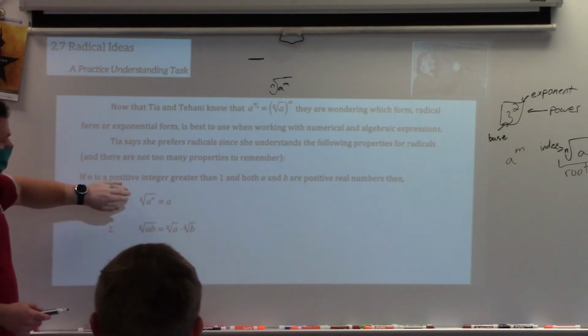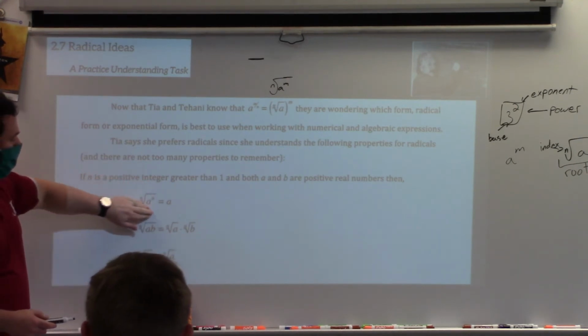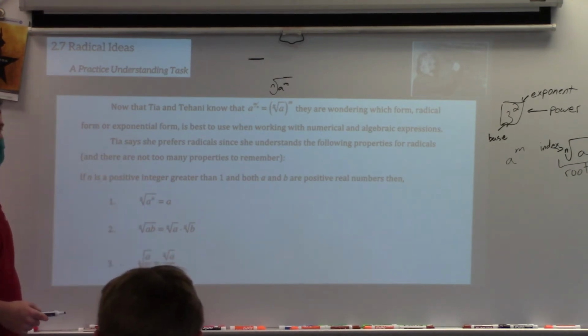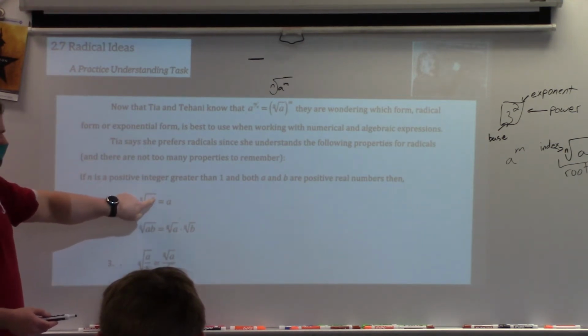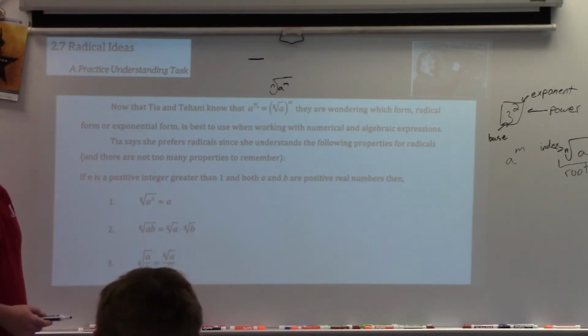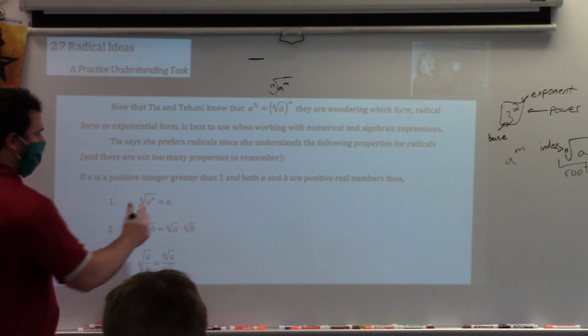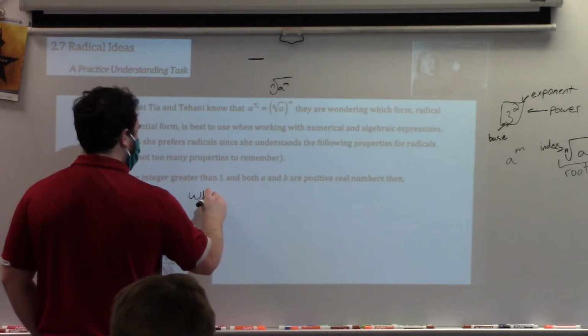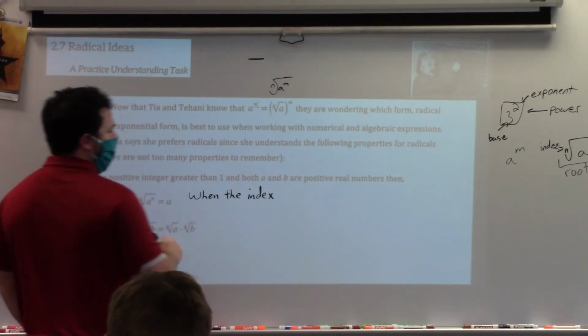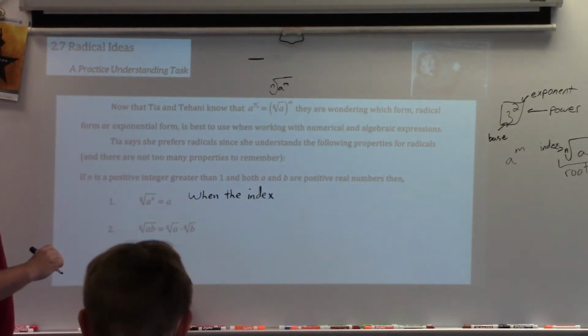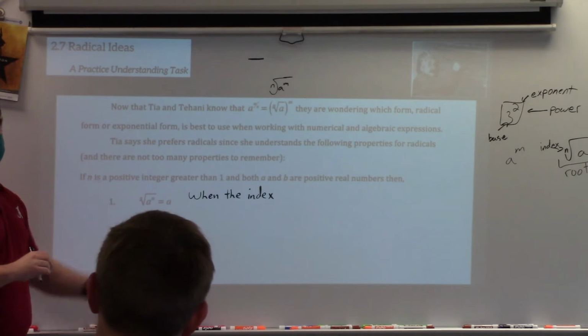So what does this mean right here? I'll read this for you. The nth root of a raised to the n is equal to a. But what is that telling us? Okay, so when the index, well, let's pause for a second. The index of what? What is the whole thing called? The root.